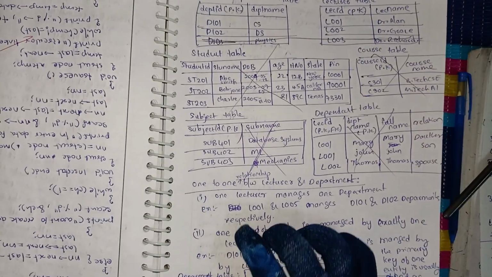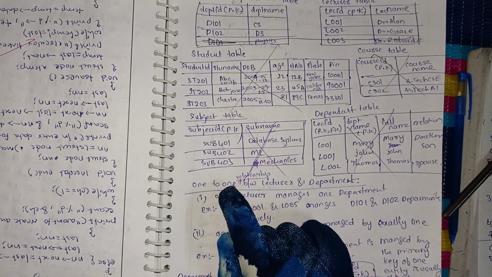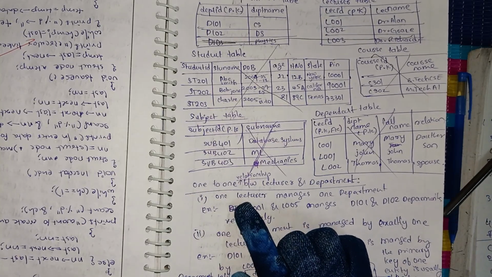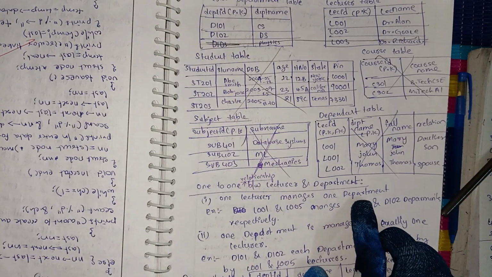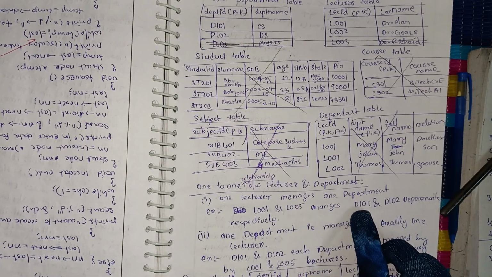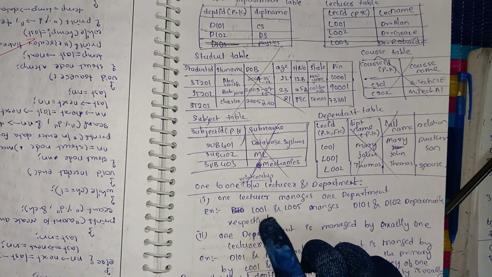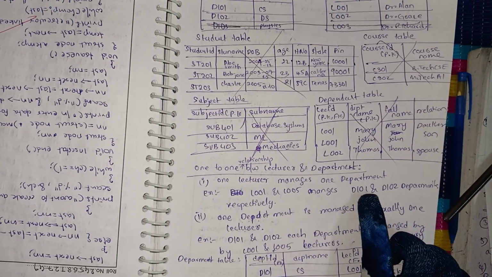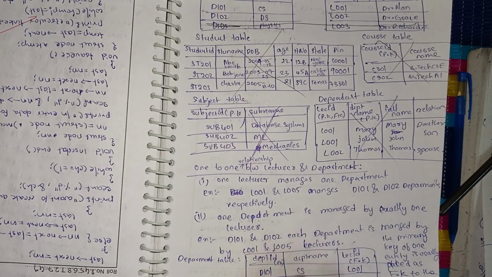We already know we make statements from left to right and then right to left. So it goes like this: one lecturer manages one department. For example, lecturers L001 and L002 manage department D101 and department D102 respectively.